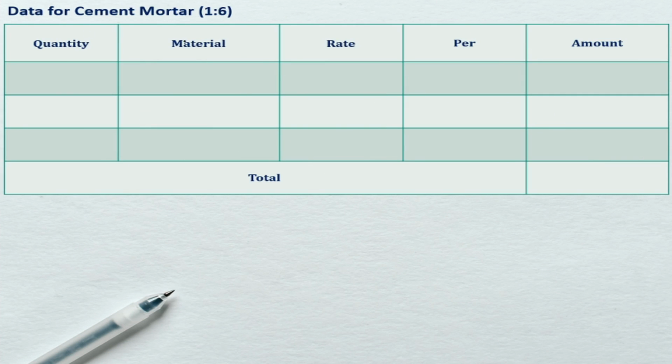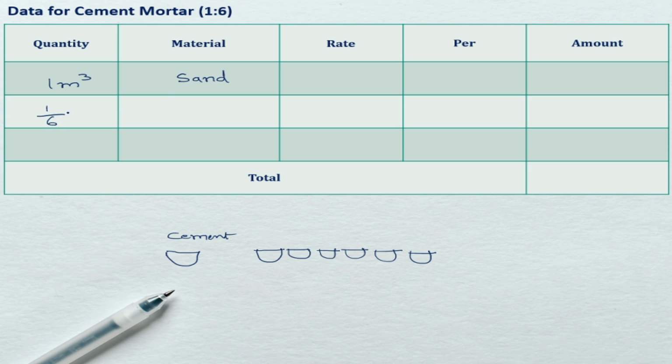Prepare the data for cement mortar 1:6. Here 1 is cement and 6 is sand. For 1 bowl of cement, 6 bowls of sand are required. For 1 cubic meter of sand, cement quantity is 1/6 cubic meter.